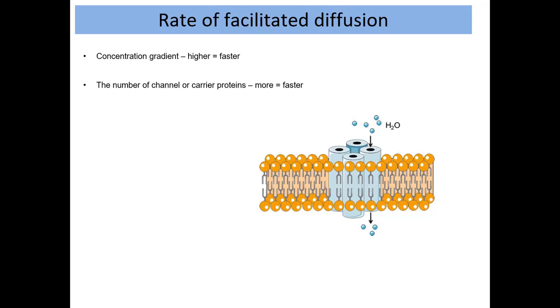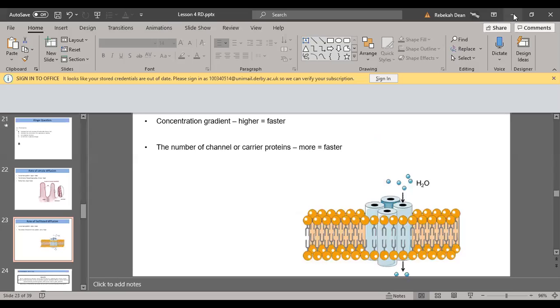Osmosis, the rate of osmosis and how to do osmosis is actually a practical that you need to know. So I'm just going to get this other PowerPoint up for you. I'm going to give you an example of one of these practicals.